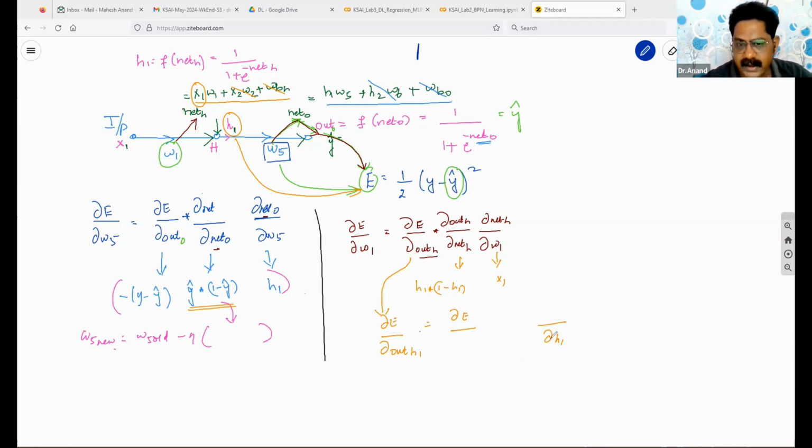So you can equivalently write this as ∂H1 in a shorter form. This is the trick we are going to do. What is the trick? We are going to multiply and divide by the derivative term of out. Even though we calculate this on the hidden side, we are substituting, because anyhow it is not going to impact the original equation. It's going to cancel out.